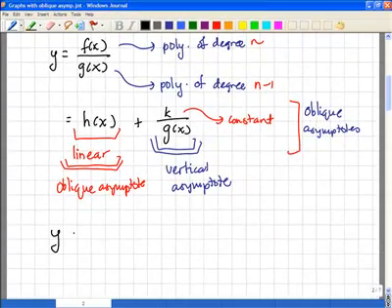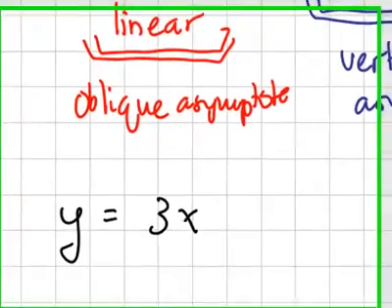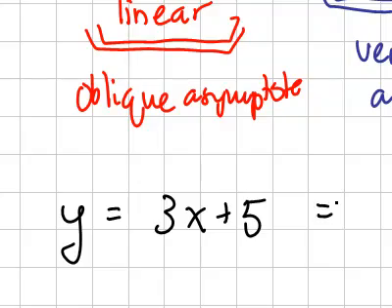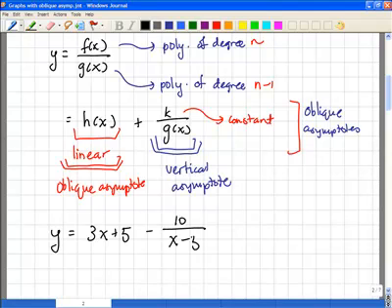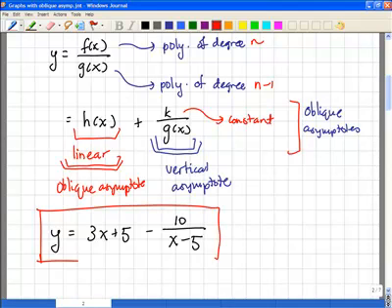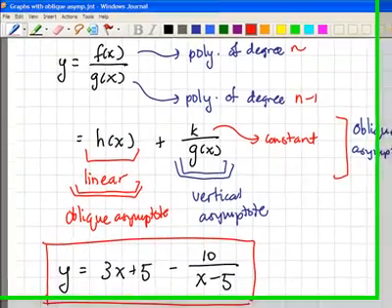If I were to give you an expression, let's say y equals 3x plus 5 minus 10 divided by x minus 5. Now let's say you are given this expression. The moment you see something like this, it is a graph that will give you oblique asymptotes.